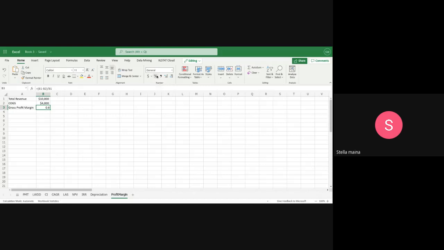Yeah, here it is. So you can see it goes directly into 60%. So that's the gross profit margin. Now let us calculate the operating profit margin. To calculate the operating profit margin, we will have our total revenue. Let me just zoom in just in case.